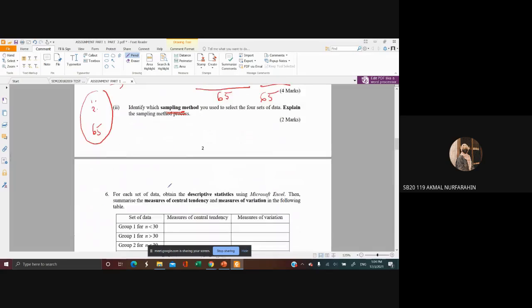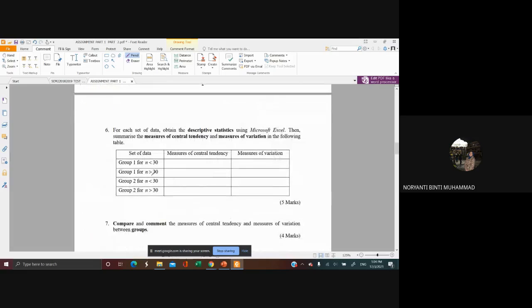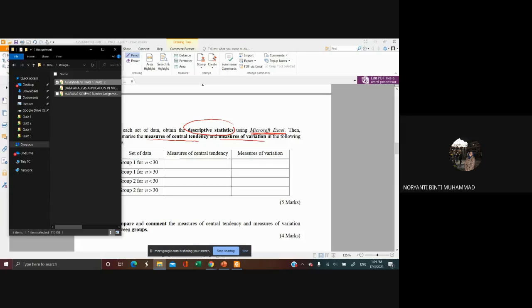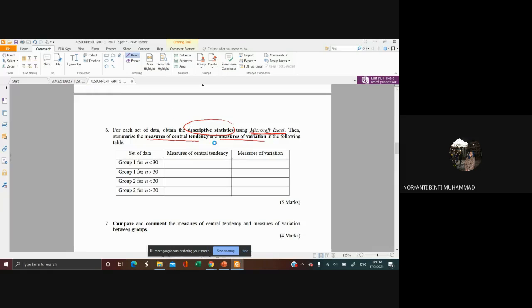Alright, now number 6, we are talking about descriptive statistics. Using Excel, don't calculate manually. You need to summarize the measures of central tendency and measures of variation. Basically, if you look, not the slide, here we have this one as well in your column.